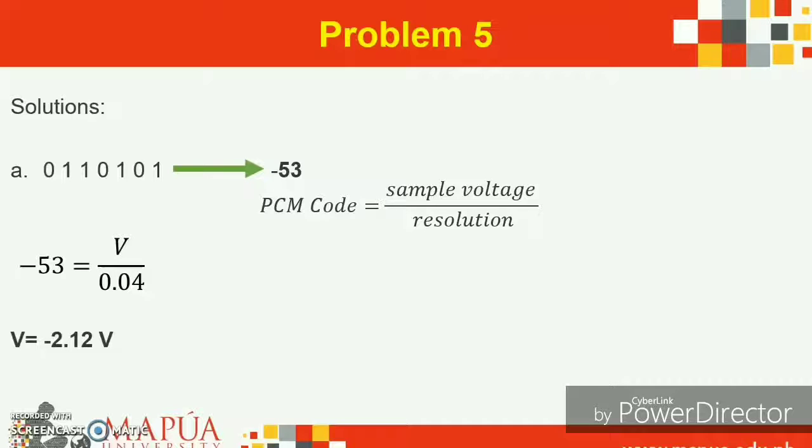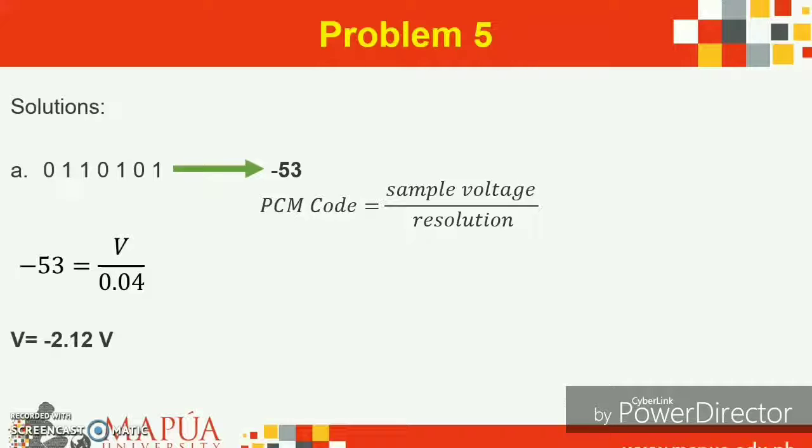Using the equation PCM code is equal to sample voltage over resolution, we can substitute our given there and solve for the unknown. So we are given the PCM code as negative 53 and we have our resolution at 0.04.